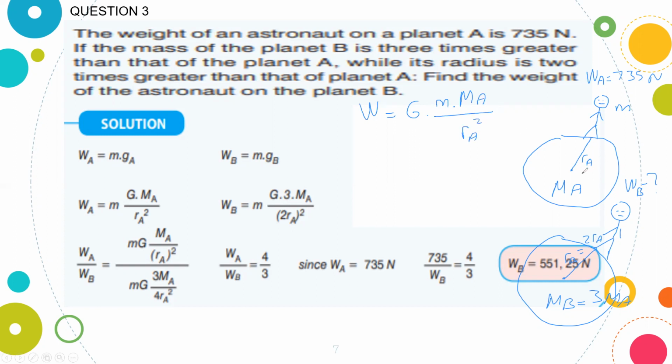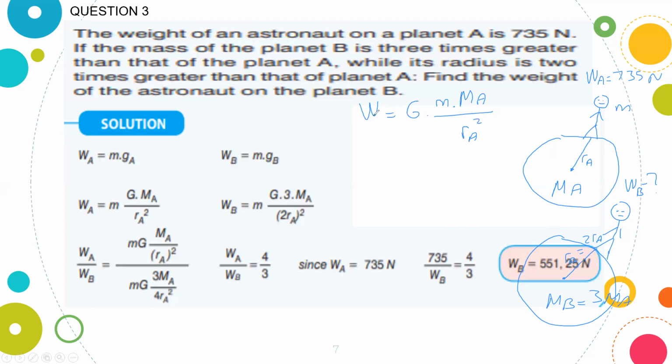On the surface of the planet, you can use RA directly. But if he is away from the surface, you should add the height, because we need the distance between the center of the planet and that guy or any object.